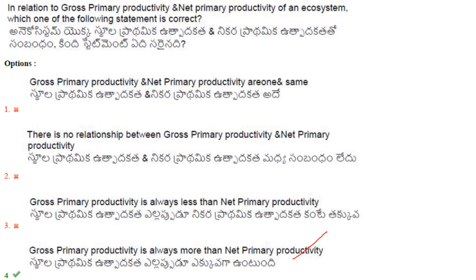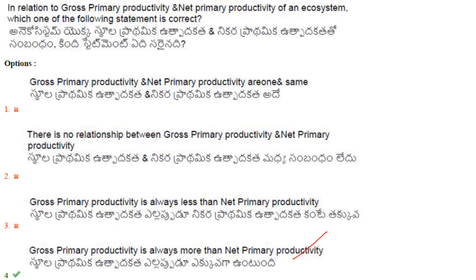Third one, gross primary productivity is always less than net primary productivity. No, gross primary productivity, I already told you, is the total amount of biomass that is generated by producers. So it is always higher than net primary productivity. And net primary productivity is what? It is after respiration and loss as heat.